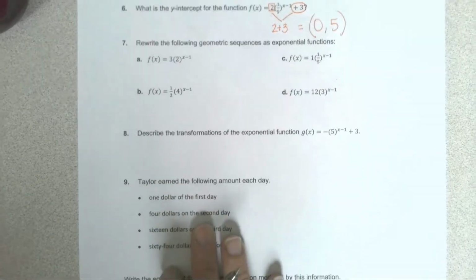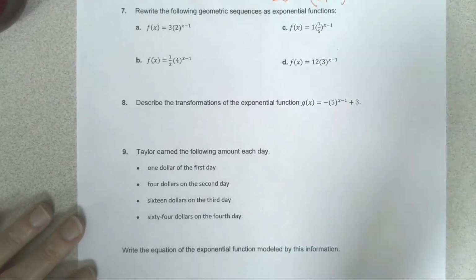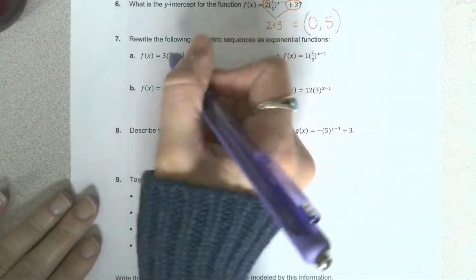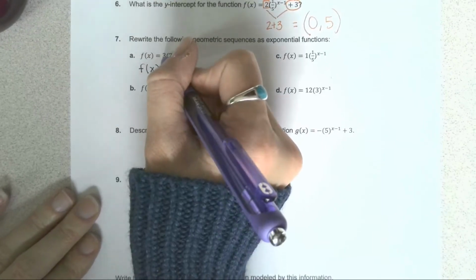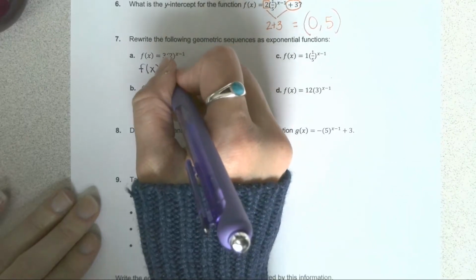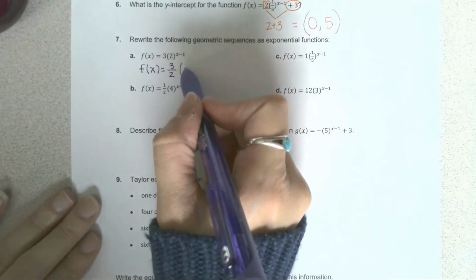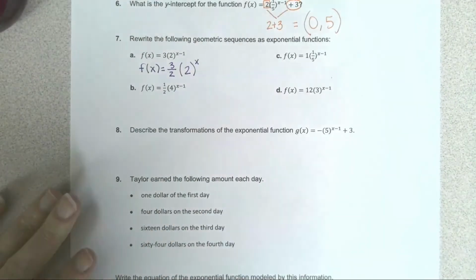Number 7, rewrite the following geometric sequences as exponential functions. So if you recall from the notes, when we rewrite this, it's f of x equals first number divided by second number, so 3 divided by 2, and then times 2 to the x. And that's it.